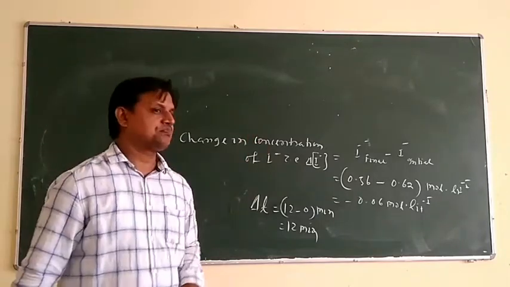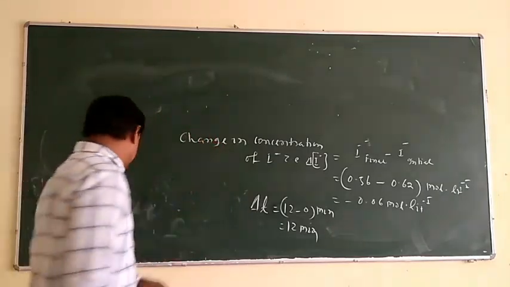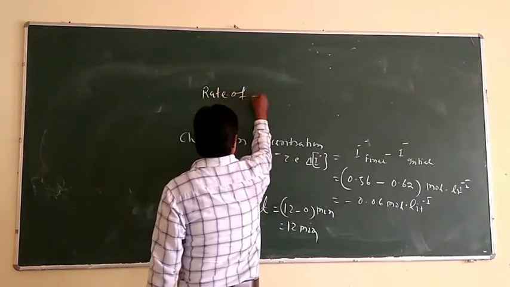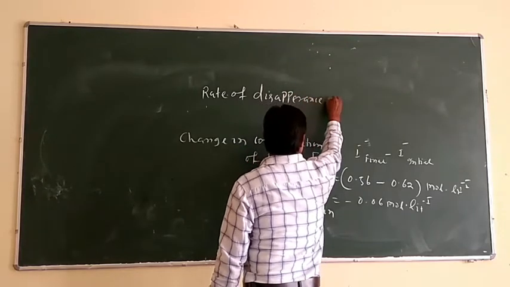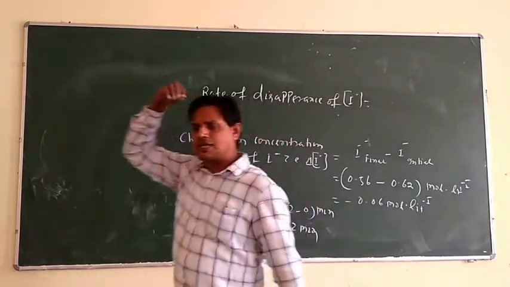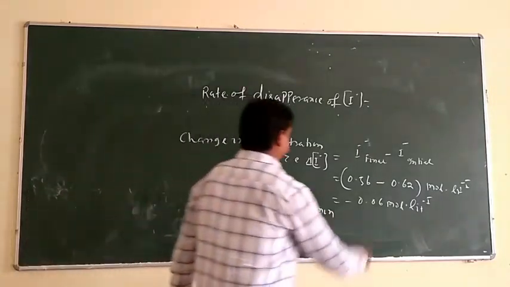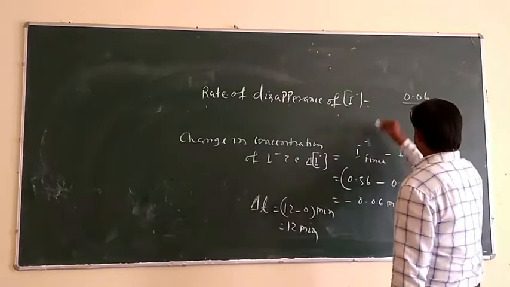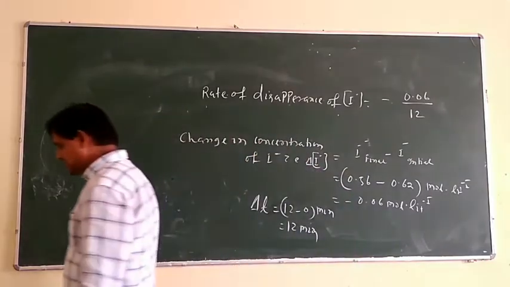So the rate of disappearance of I minus ion equals the change in concentration, 0.06, divided by 12 minutes, but we have to put a minus sign when calculating the rate of the reaction.